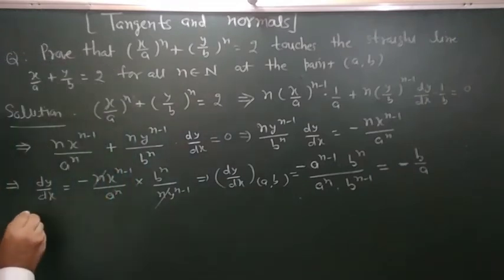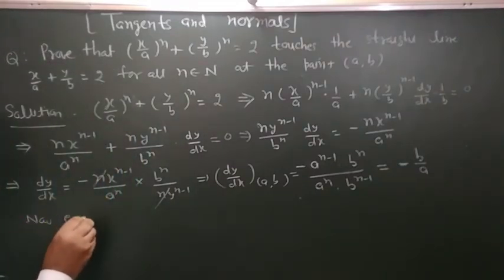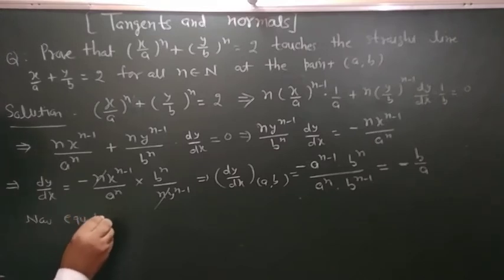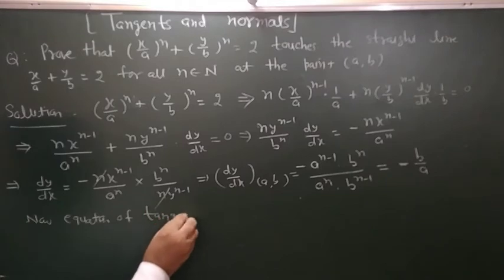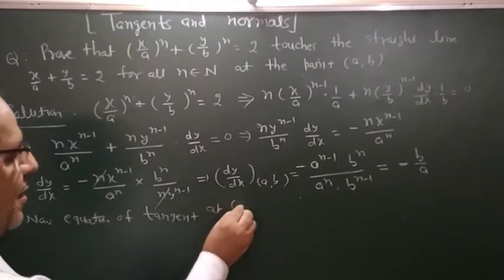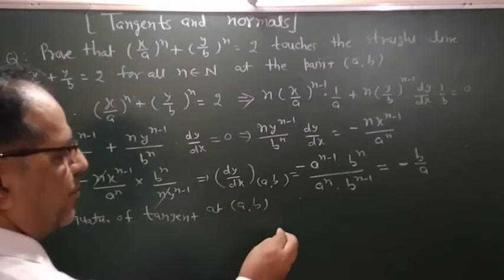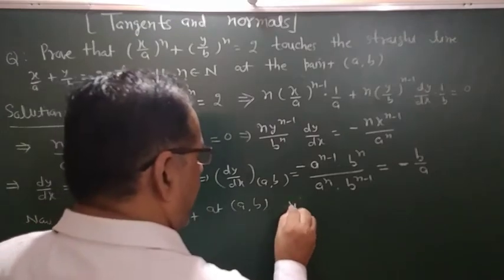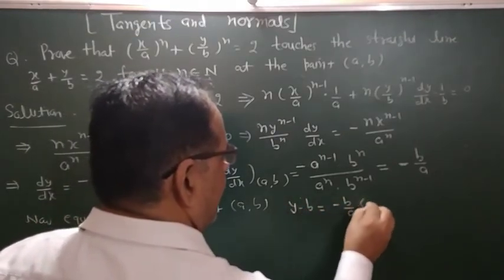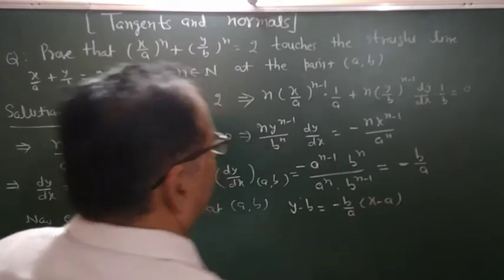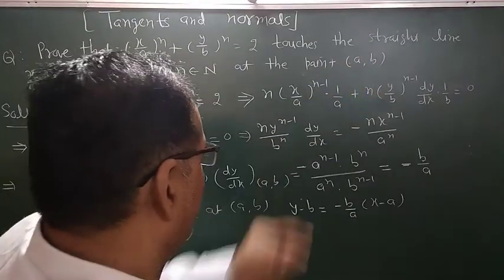Now the equation of tangent at (a, b): y minus b equal to minus b/a (x minus a), because the point is (a, b).